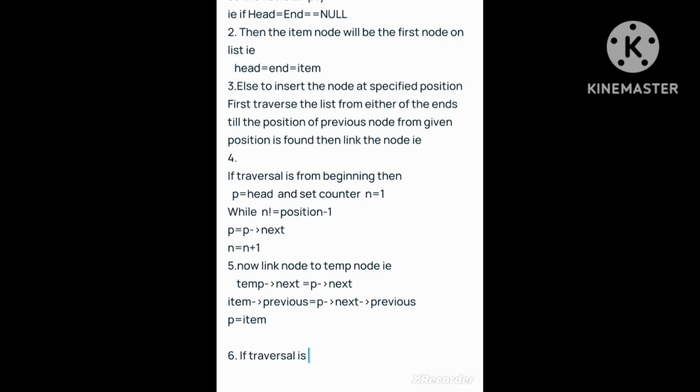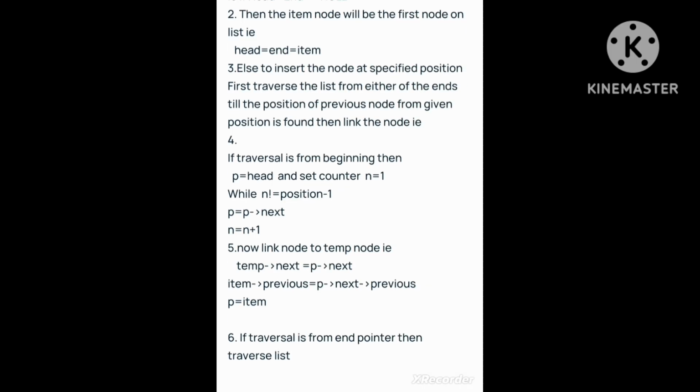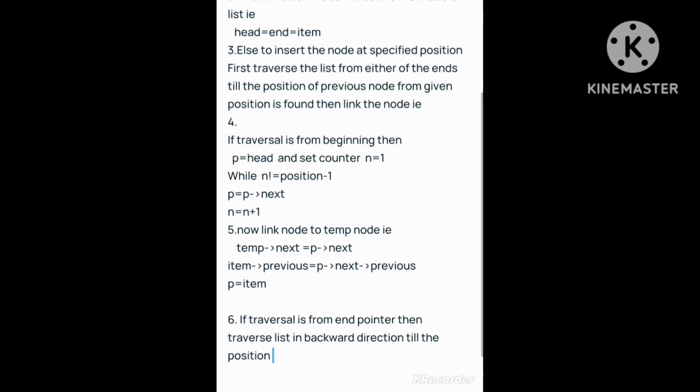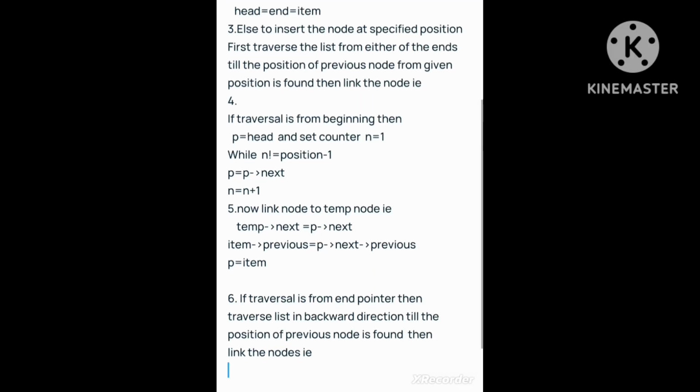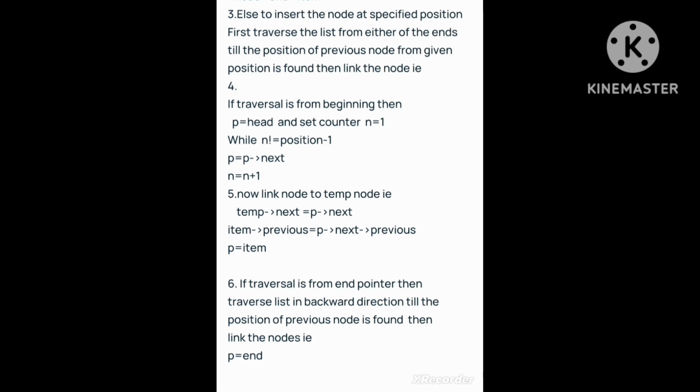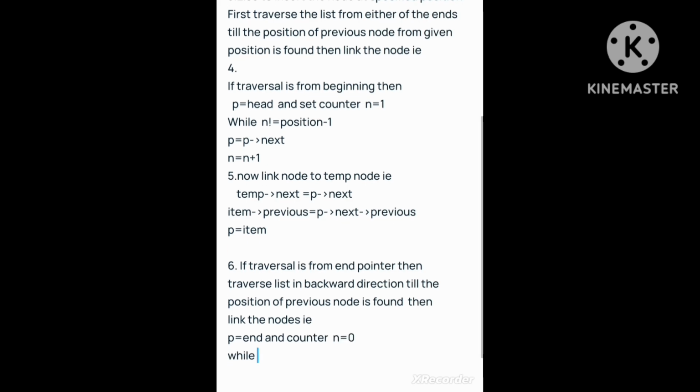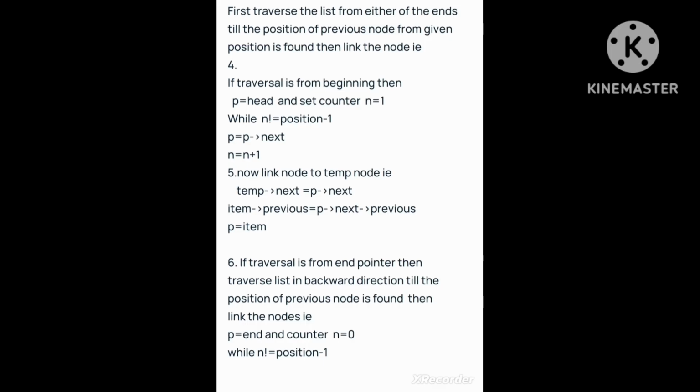Same is the procedure for the backward direction, but first of all we have to link the previous pointer of the item node to the node ahead in the list, and then we link the next pointer of the item node to the node prior to the current position node.